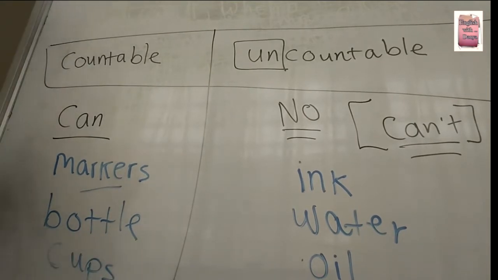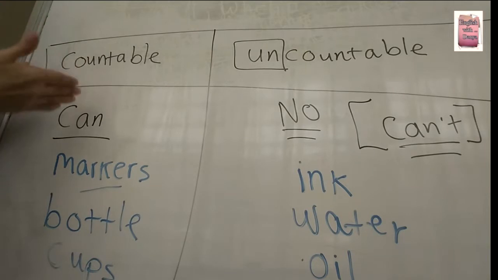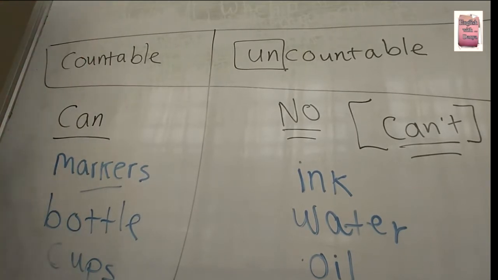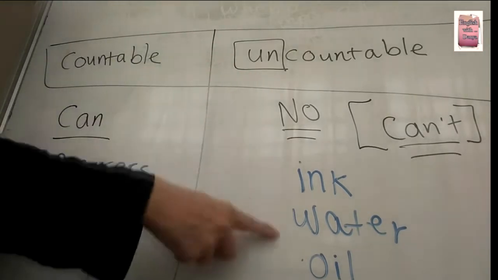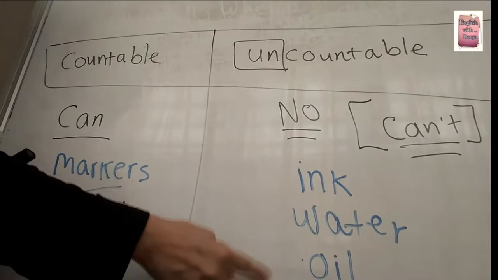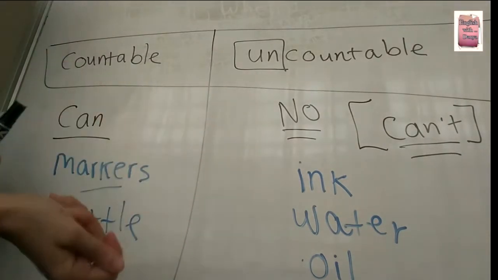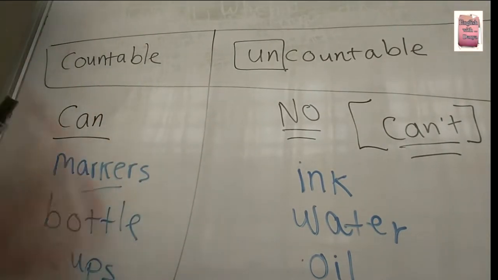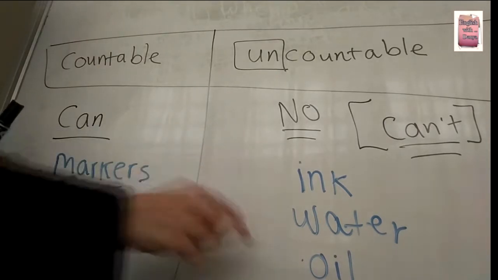So basically, countable is connected with something that you can count, you can tell how many you have. But here we can't, because they are all liquids. So when it comes to liquids, we can't count.